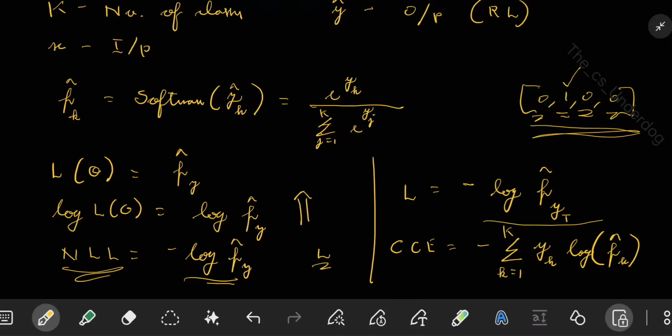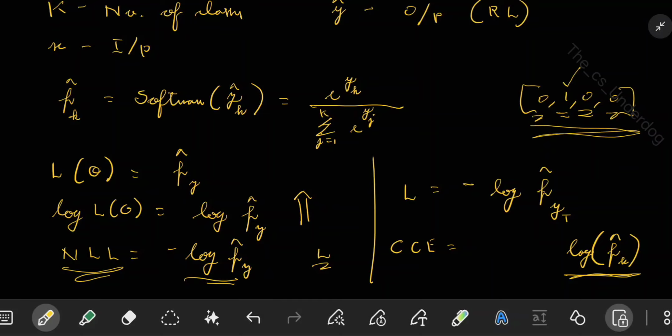So in the summation, the only term that remains is the one with k being the true label. For the true label, yk will be 1 and your log pk cap is the only term which will remain. The summation won't remain because all other terms will be 0.